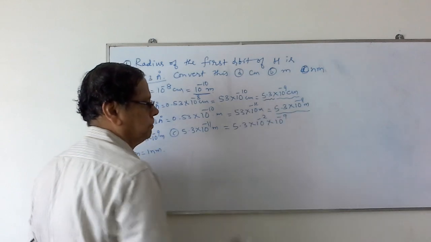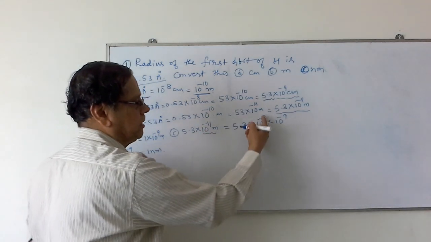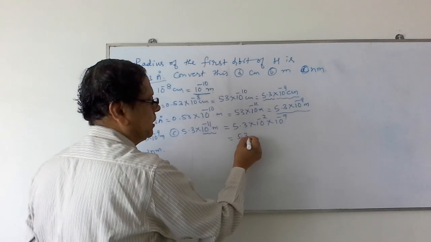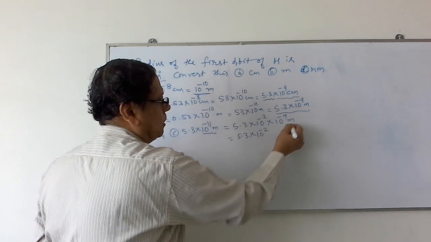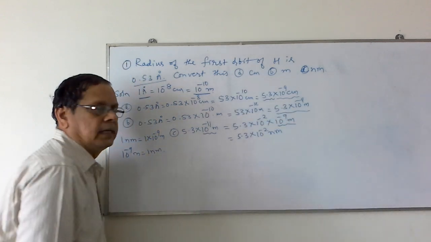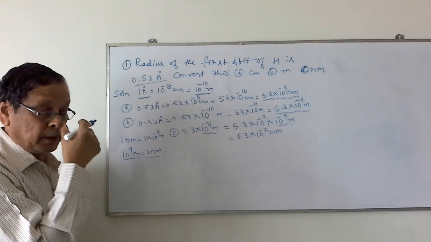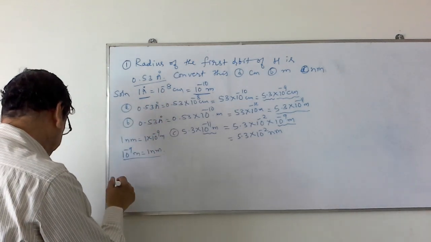I am writing 10 to the power minus 11 as 10 to the power minus 2 times 10 to the power minus 9. So this is 5.3 into 10 to the power minus 2 nanometer, because 10 to the power minus 9 corresponds to nanometer. So that is the conversion of the radius into different units.